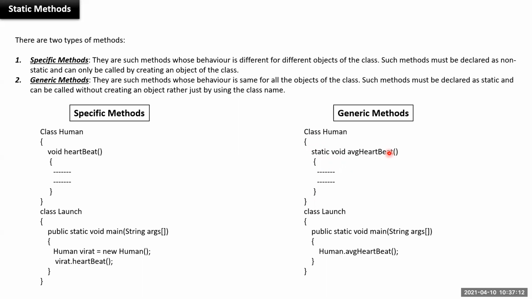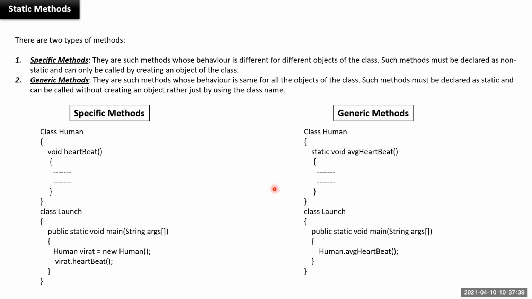Whose heartbeat is it? Average. On average, almost all people have similar heartbeats, I'm guessing. So this is common for everyone. In other words, this method's behavior will be the same for all the objects of the class, and hence I've created it as static. Hence I can call it directly through the class name. I did not create an object for it. So these are our generic methods.